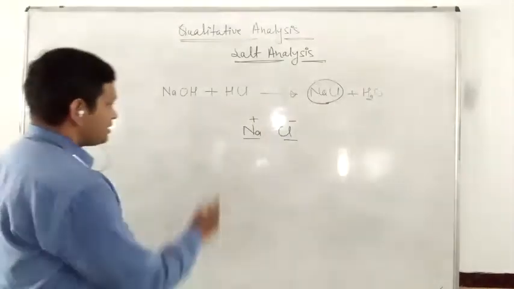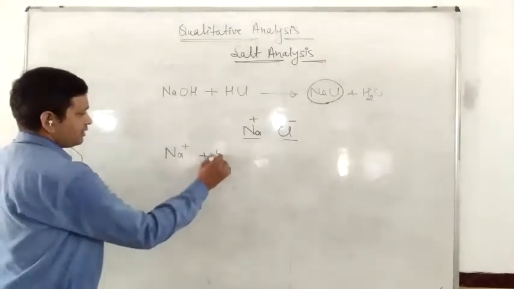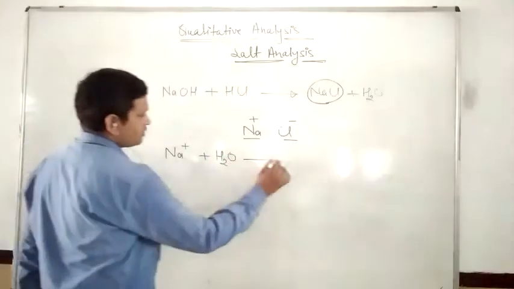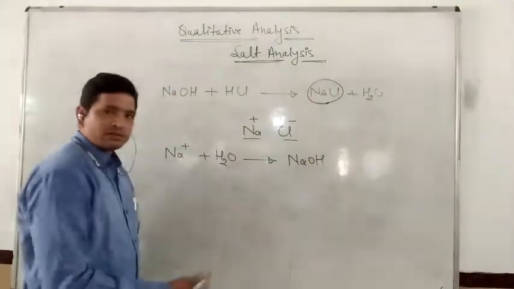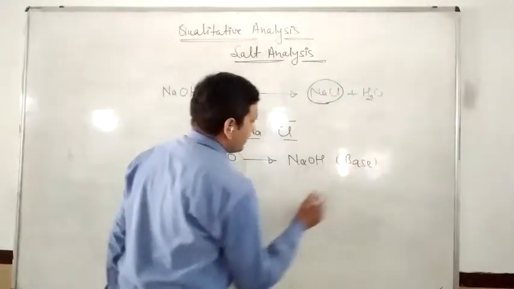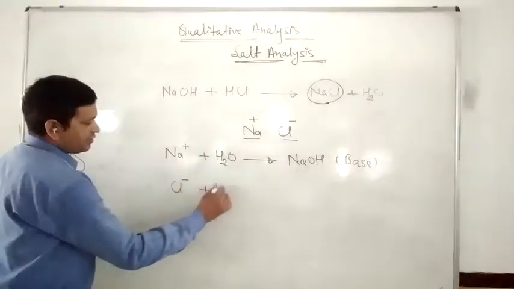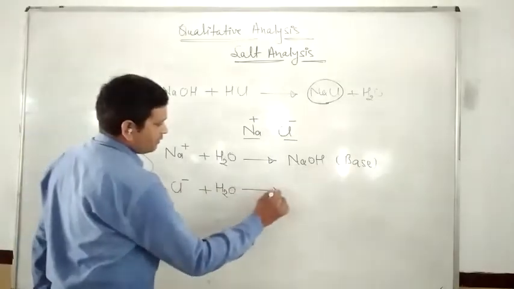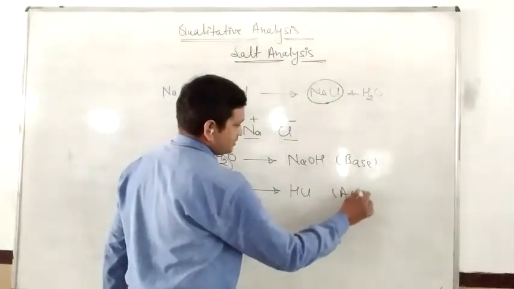Now when this cation, like the sodium ion, reacts with water, it forms sodium hydroxide. Obviously it is a kind of base. And when the anion, like the chloride ion here, reacts with water, it forms hydrochloric acid, and no doubt this is called an acid.